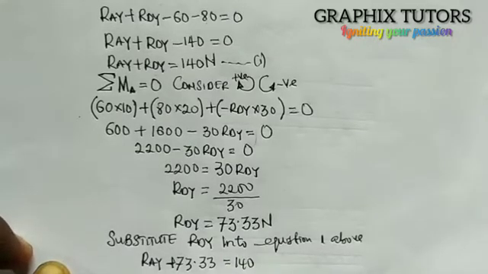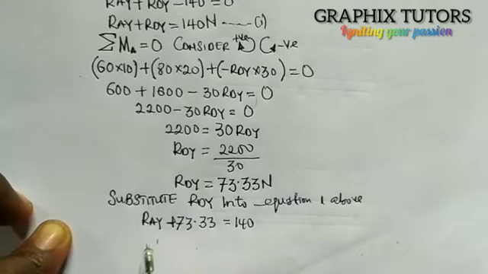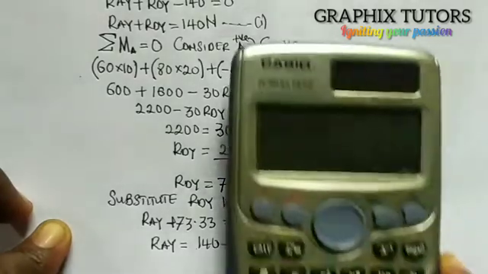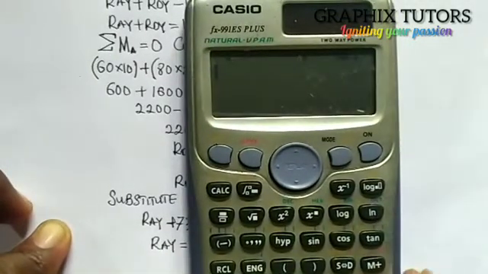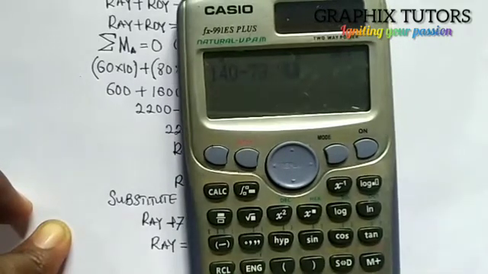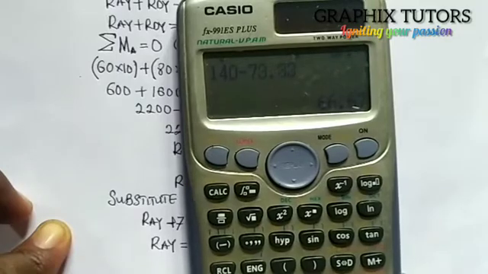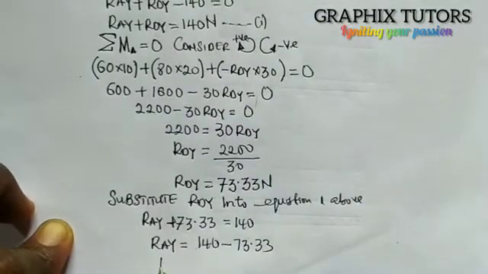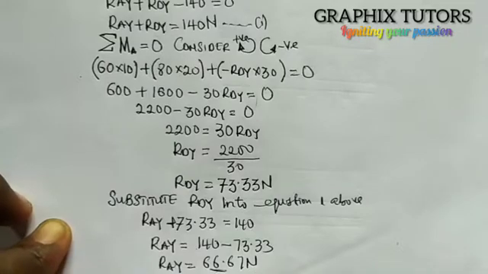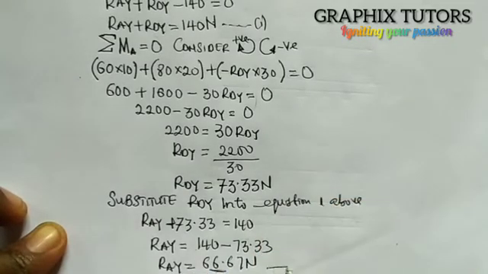So RAY will now give me 140 minus 73.33, and then you input it in your calculator. 140 minus 73.33 will give us 66.67. So we have RAY to be equal to 66.67 Newton.